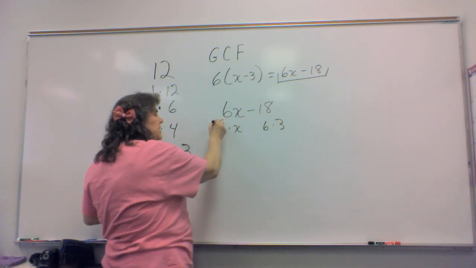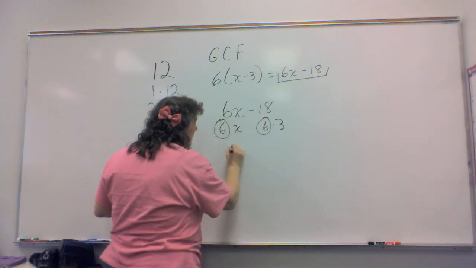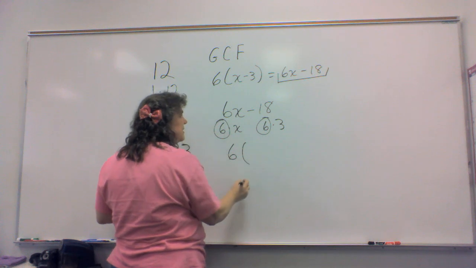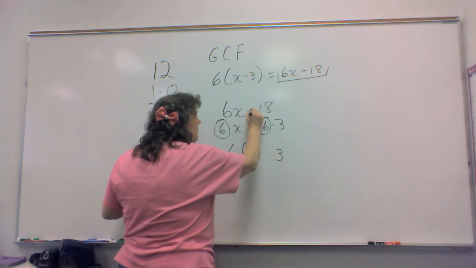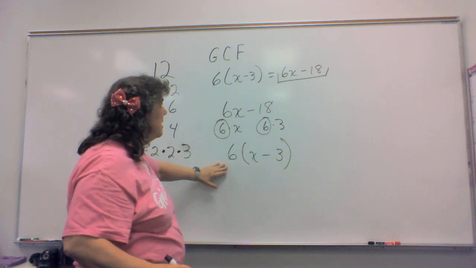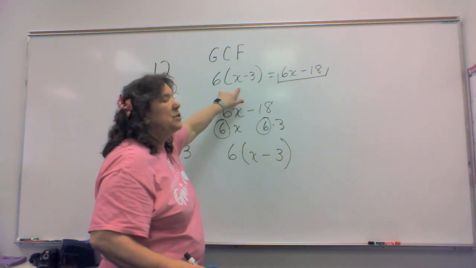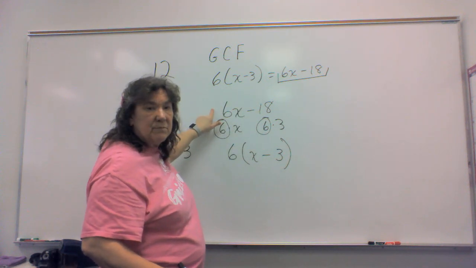Okay? So if I take my 6 as my common factor, and I pull it out to the front, what is left? X and 3, and I have a minus here, so I have a minus here. And that gives me 6 times x minus 3, which is my original factors that produced this binomial.